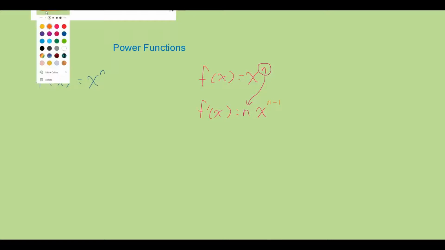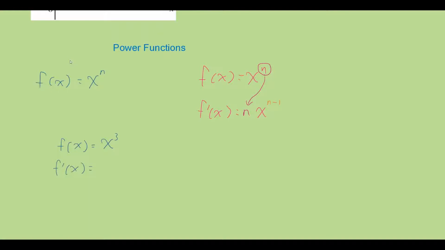Let's do a quick example. Let's say f of x is equal to x to the power of 3. Then f prime of x, you bring down the 3 to the front times x and reduce the power by 1, 3 minus 1, which gives you 3x to the power of 2. Let's do another one. Let's say we have f of x is equal to x to the power of pi.